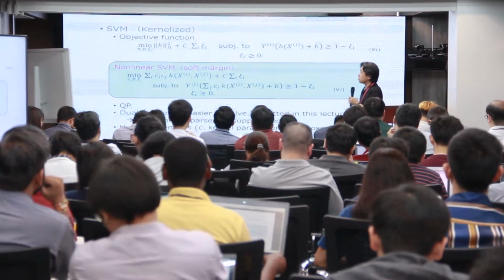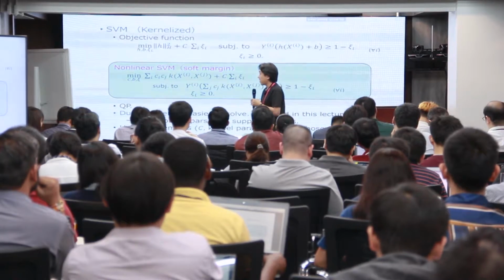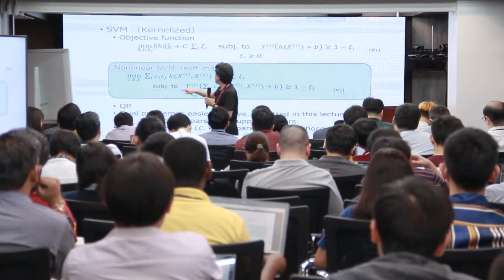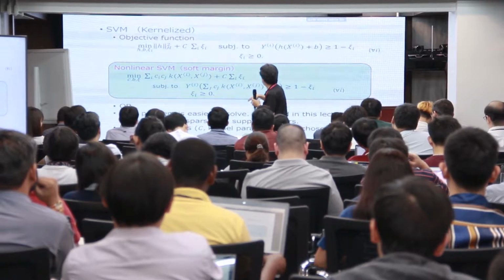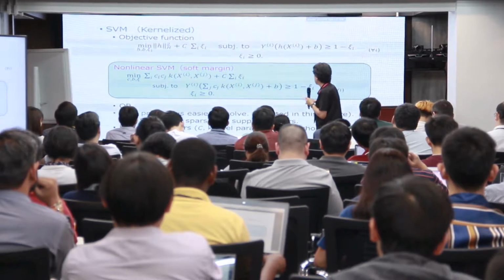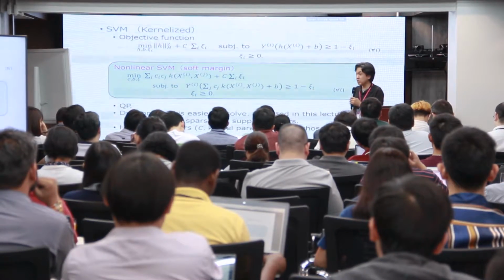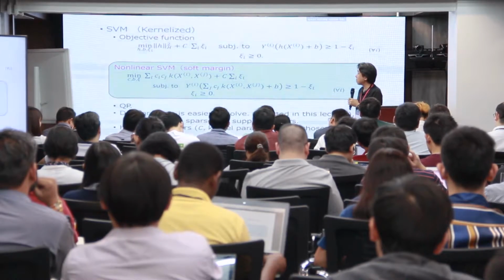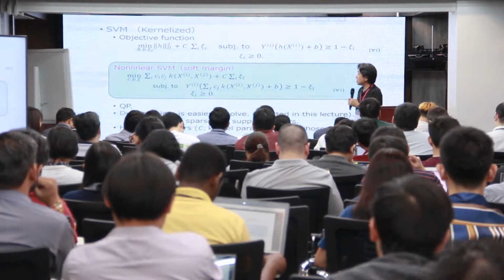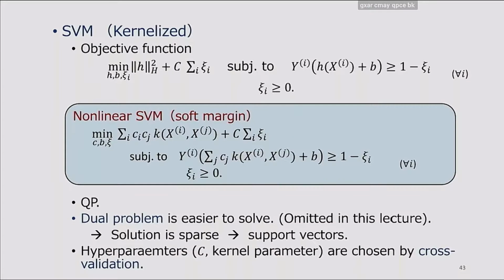And what we want to solve as variables is C and B here, and Z as the extent of break of linear constraint separability. Okay, this is again, given the Gram matrix, this part is Gram matrix. This part is the quadratic form given by the Gram matrix with Cj, Ci, Cj.